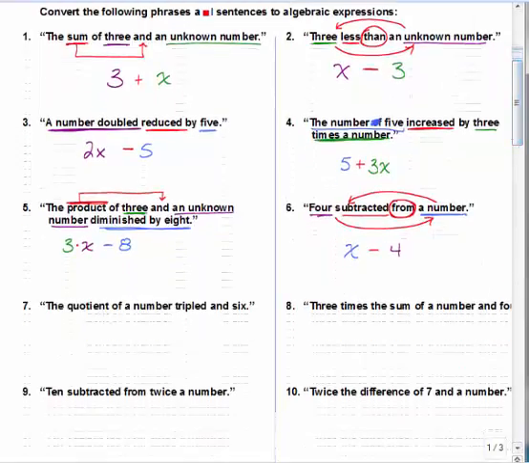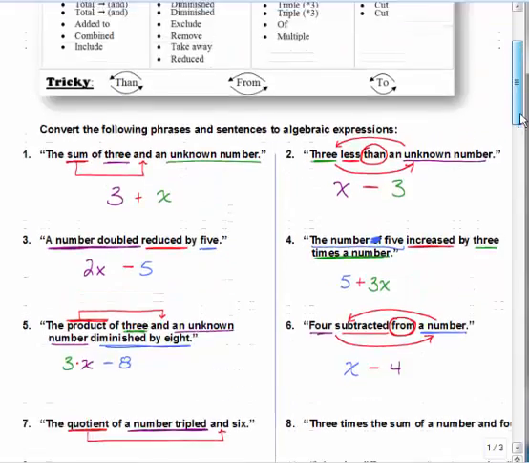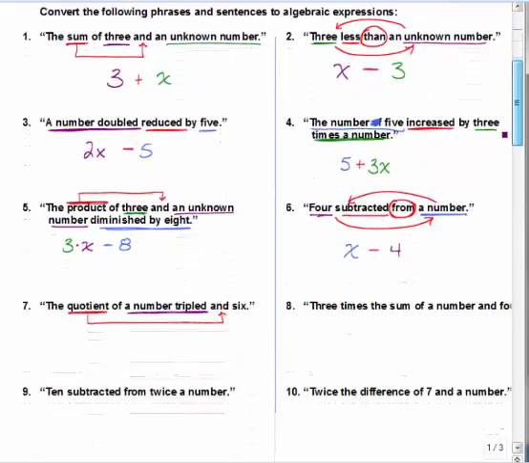All right, and if you look carefully at the top, quotient is a setup word. Quotient sets up the word and. Right there, there's the and, and it means division. We're going to start with a number tripled. And if you look carefully up there at the top, when it says tripled, tripled says times 3. So an unknown number tripled would be 3x.